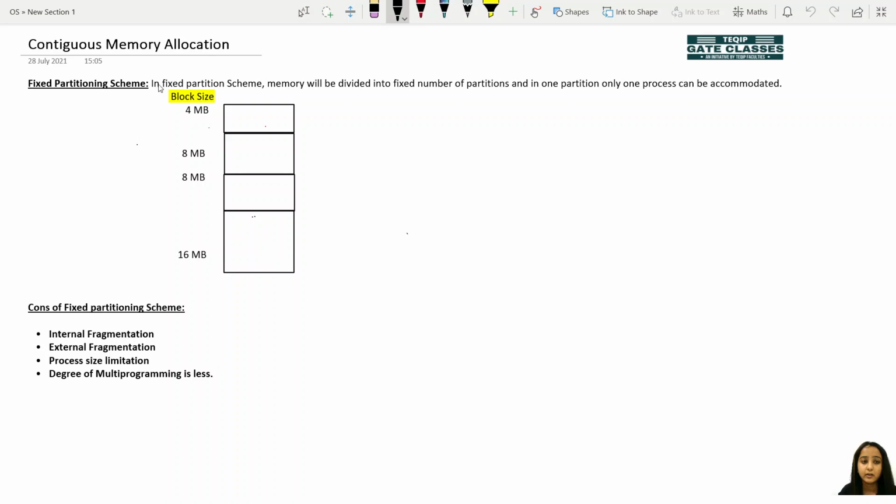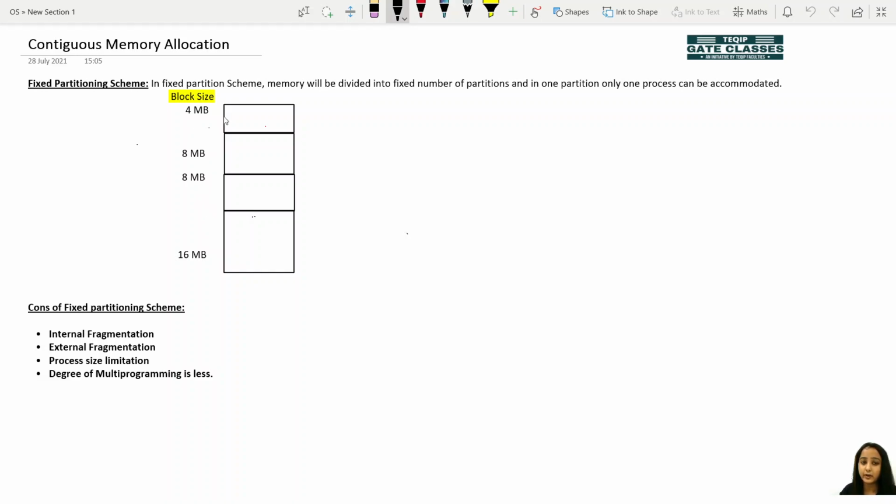See here, in the fixed partitioning scheme, memory will be divided into a fixed number of partitions. And in one partition, only one process can be accommodated. Like here, we have 4 memory blocks of different sizes, but the size is fixed.